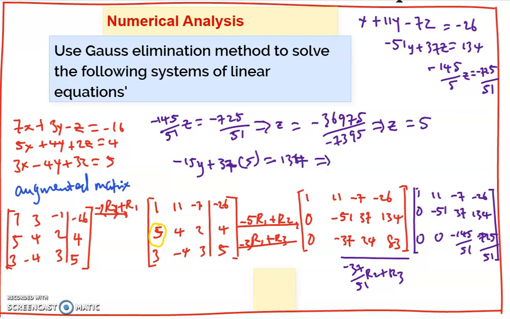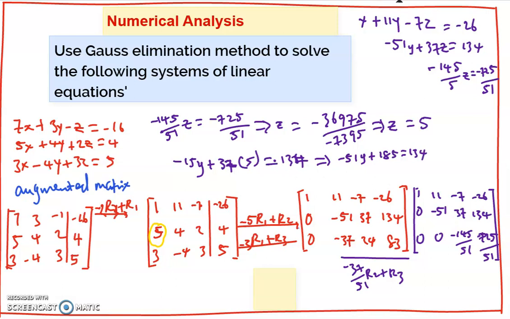This implies that we have negative 51y plus 185 equals 134.